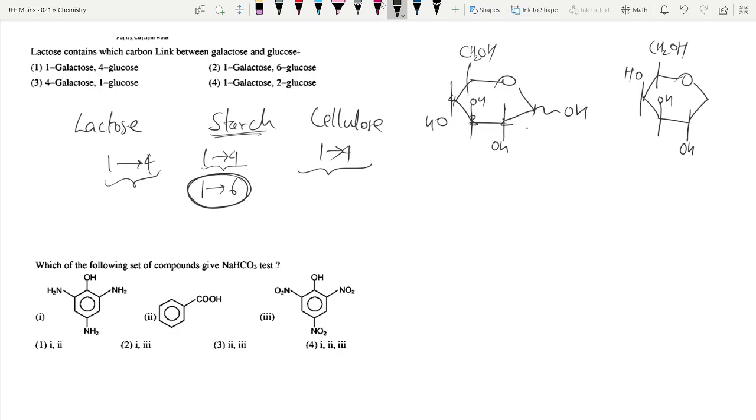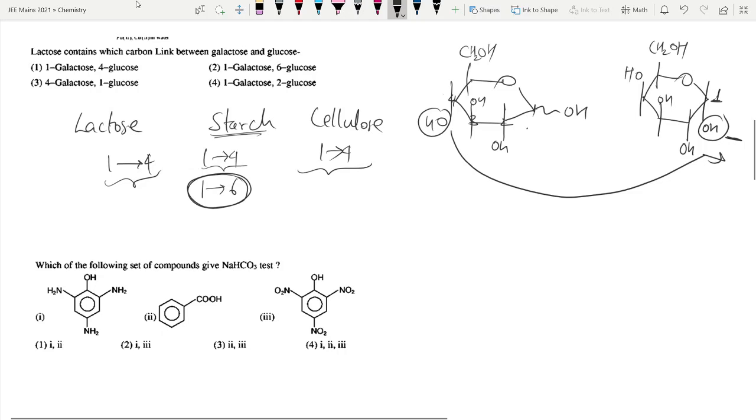If I bring this OH down at the C1, and in this glucose unit the C4 OH is down, and I bring this molecule there and join it, it's very much based on memory, but there is a 1-4 linkage, and I feel like it should be 1 from the galactose and 4 from the glucose. Yeah, I would like to go with 1.